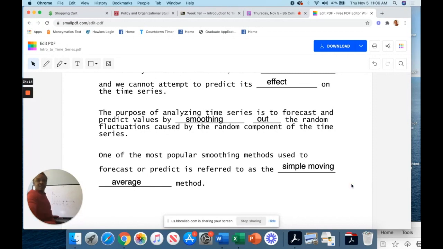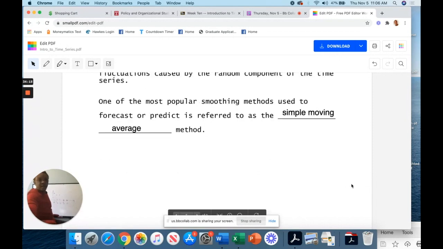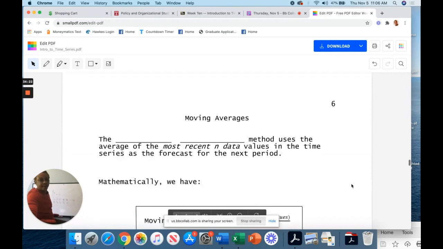Any questions so far? Those are the 4 components. You need to know what they are in general and kind of what they do.